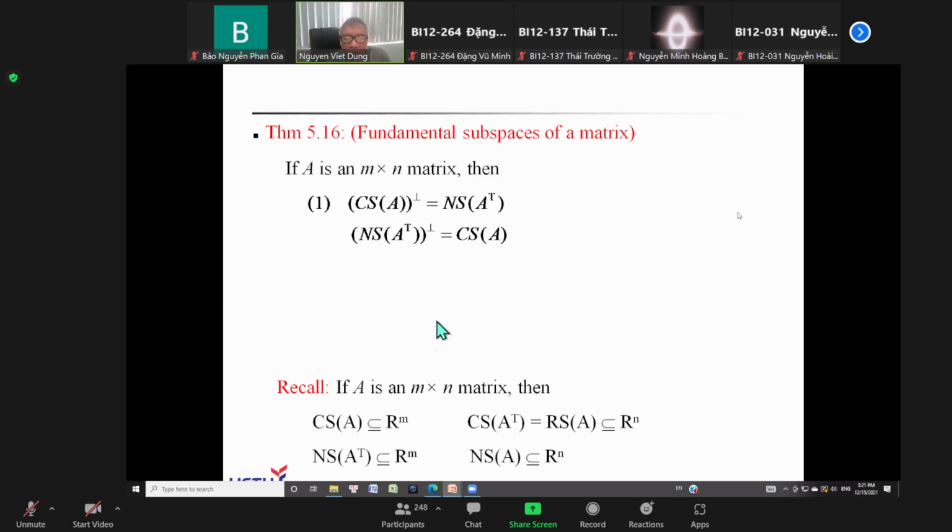The same thing happens with the row space of A and the null space of A here. If we take the orthogonal complement of the row space of A, it is exactly the null space of A, and vice versa.